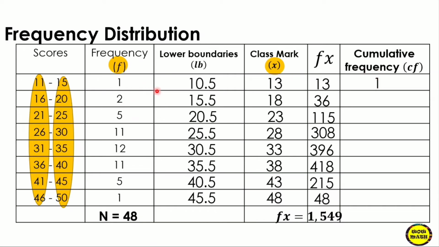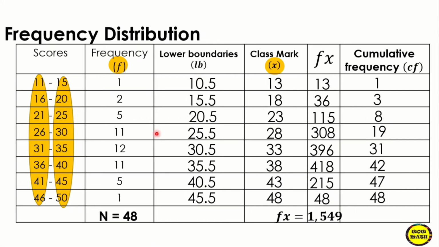So 1 plus 2, so that is 3. Ganun din ang gawin. 3 plus 5, 8. 8 plus 11, that is 19. 19 plus 12, that is 31. 31 plus 11, that is 42. 42 plus 5, 47. 47 plus 1, 48. Okay, so ganun gawin yung cumulative frequency.